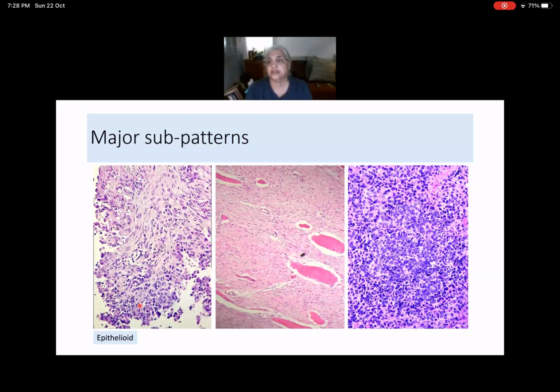What is the pattern? Come on, Pratibha. If you have a spindle cell squamous carcinoma, what is the pattern? Biphasic. It has to be biphasic because it's having. I'm telling you that it is only spindly. Okay. Then what is the pattern?